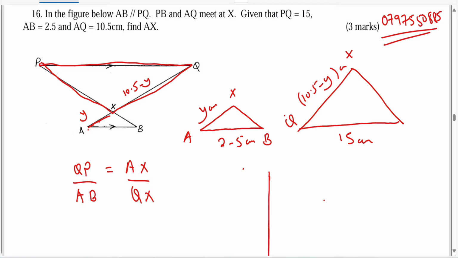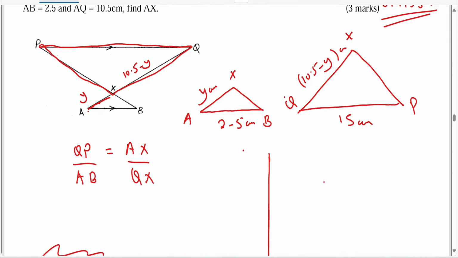So kuna AX, AB, kuna QX, and there's P somewhere. So I then said QP over AB equal to AX over QX. So pale ambapo nimekosea, it was very trivial.